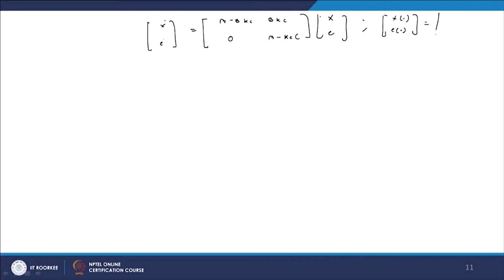Let us say the initial condition is any value, for example 1 2 3 4. Here our purpose is to determine the state response as well as the error response.